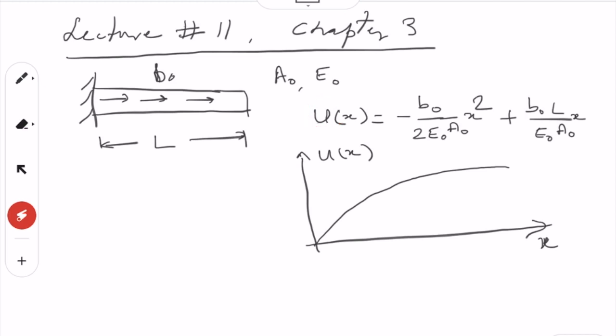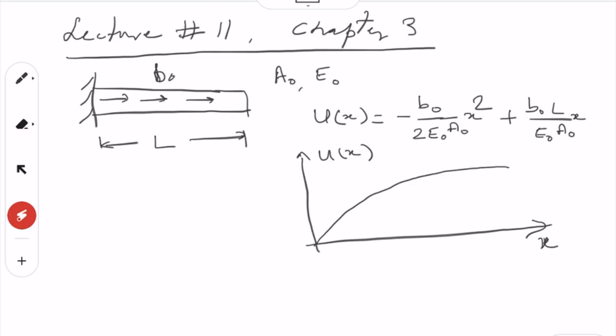So here du over dx is 0, means force is 0. Here the force will be maximum, du dx is maximum, and you can also see that the reaction force will be equal to the summation of all the forces from here to here. So it will be the highest at this fixed end.